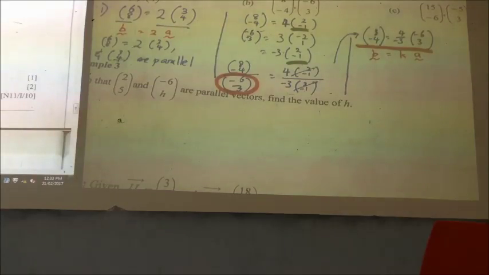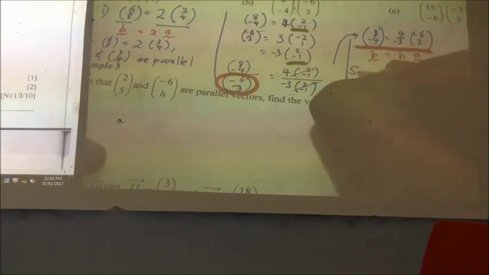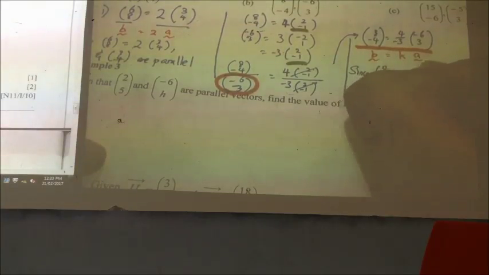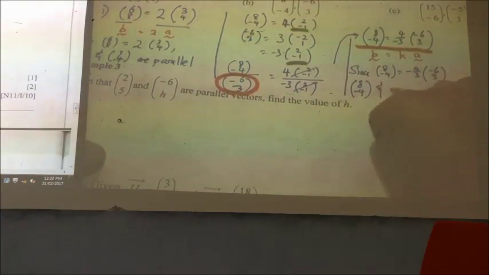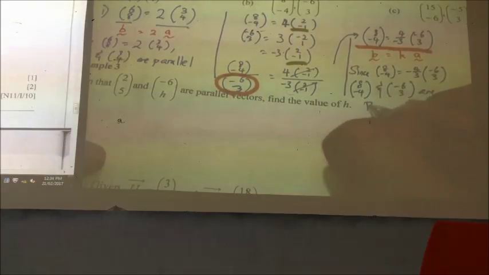You don't need to record, you can just watch the video. So how do you present the answer? Same thing. Since 8, negative 4 is equal to negative 4 over 3 times negative 6, 3, then you tell me 8, negative 4 and negative 6, 3 are parallel.